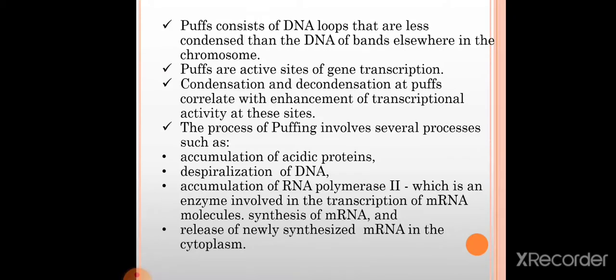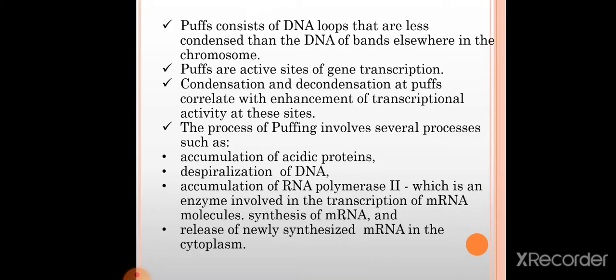Now let us learn what these puffs are made up of and what the importance of these puffs is. Puffs consist of DNA loops that are less condensed than the DNA of bands elsewhere in the chromosome. The puffs are active sites of gene transcription. The condensation and decondensation at puffs correlate with enhancement of transcriptional activity at these sites.